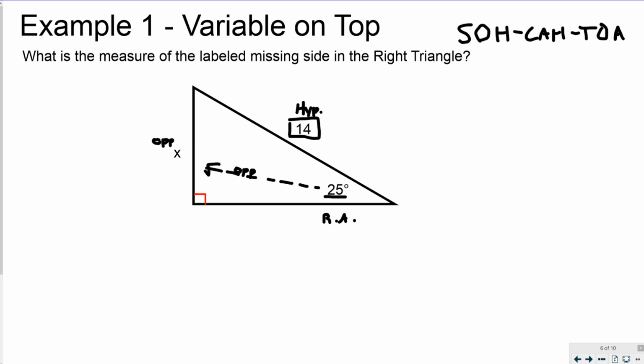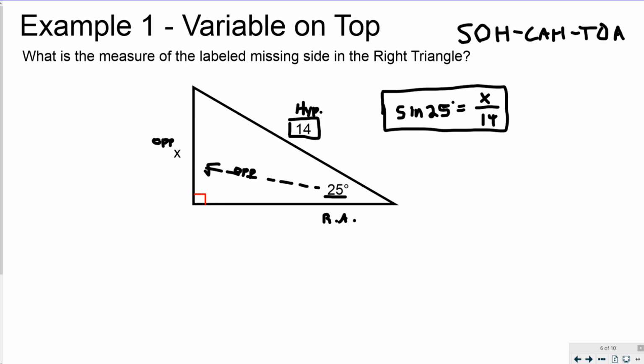So that means I can write the sine of my reference angle, the sine of 25, equals, and then I'm going to write the fraction on the other side: the opposite side, x, which is the top of my fraction, divided by the hypotenuse. So here's my written trig ratio right here.